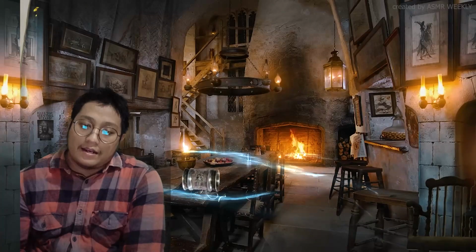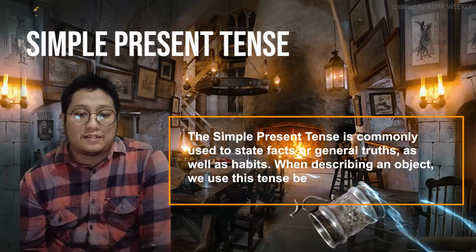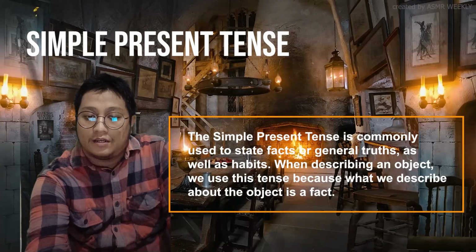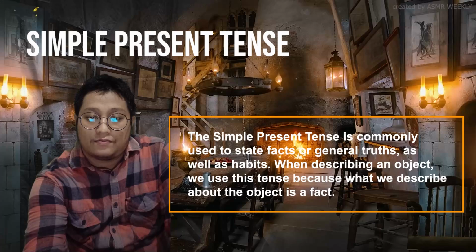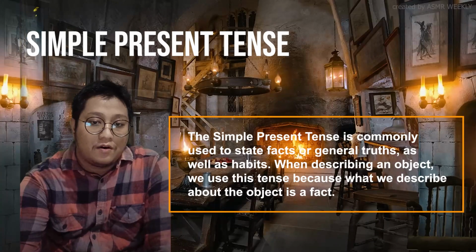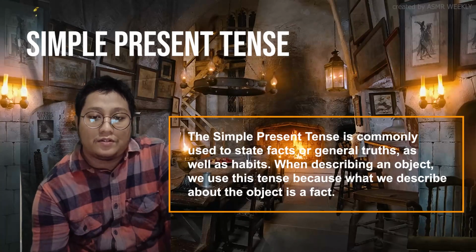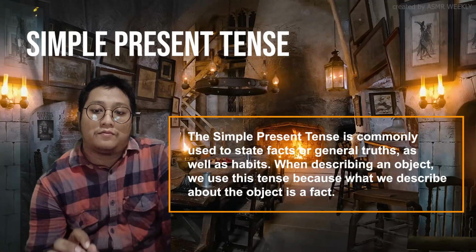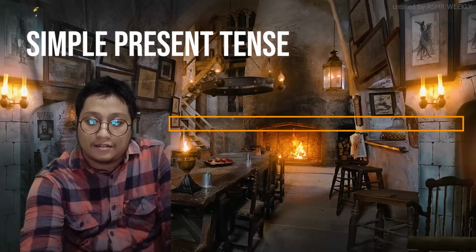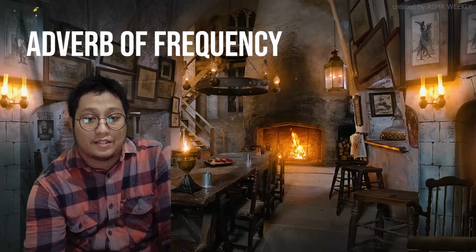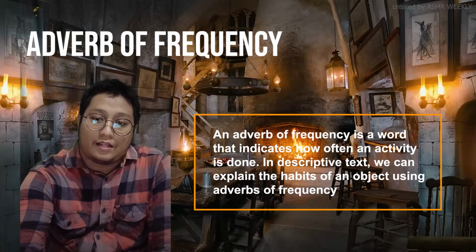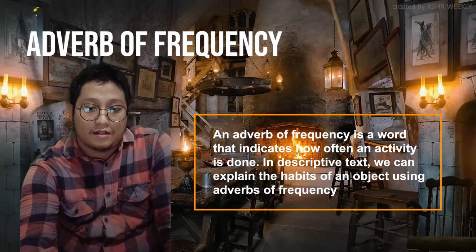And the second is simple present tense. Simple present tense is commonly used to state the fact or general truth, as well as the habit when describing an object. We use this tense because what we describe about the object is fact. And the third is adverb of frequency. An adverb of frequency is a word that indicates how often an activity is done.